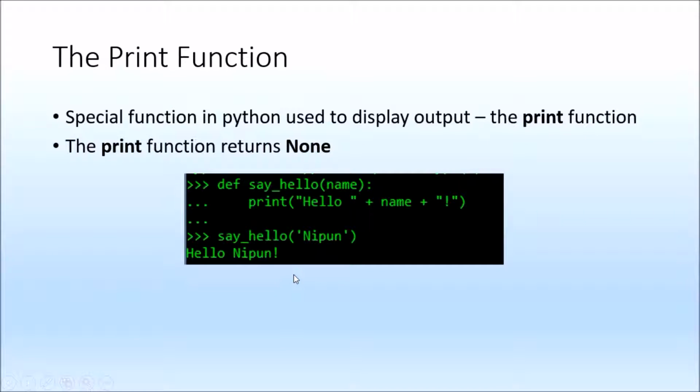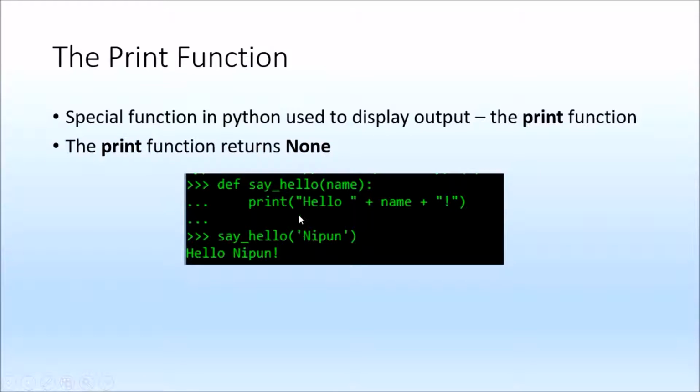And now we'll go into something a little tricky as well. There's a special function in Python that we haven't really talked about, the print function. What the print function does is it basically displays output onto the interactive interpreter. Here's an example. I want to say hello to a name. I can print hello plus the name, and if I say hello to myself, I get hello Napoon.